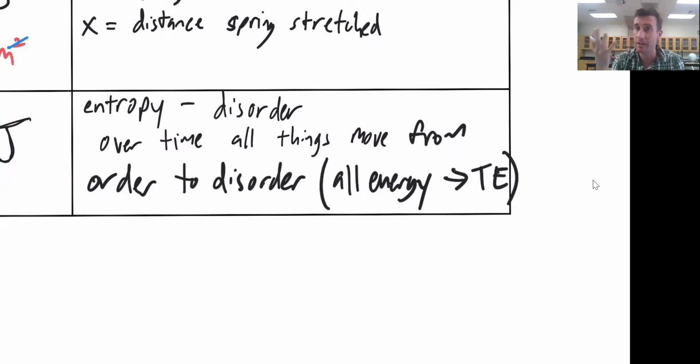So if I have potential energy, eventually that thing is going to fall down, it's going to hit the ground, there's going to be some friction, and it'll turn into heat. If an object is moving, eventually it'll encounter friction or it'll run into something, and it'll turn into heat. So all energy eventually goes to thermal energy, and this is the process called entropy or disorder. Awesome.